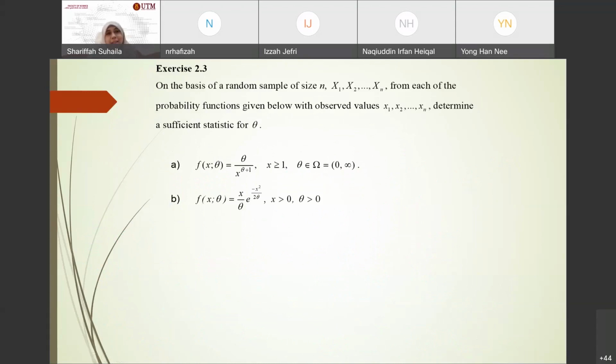I have already uploaded the notes on e-learning. You want to determine the sufficient statistic for theta. Try part A first. Try expanding your joint PDF first. First step, expand your joint PDF.